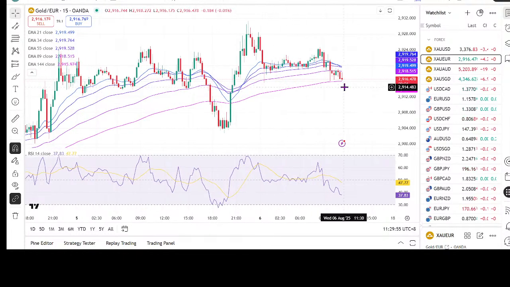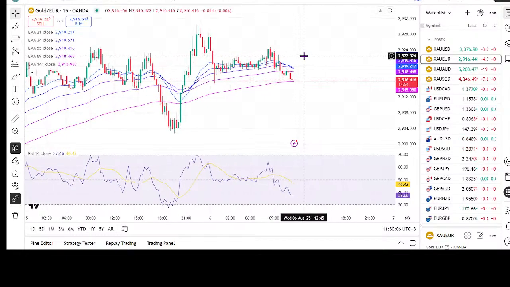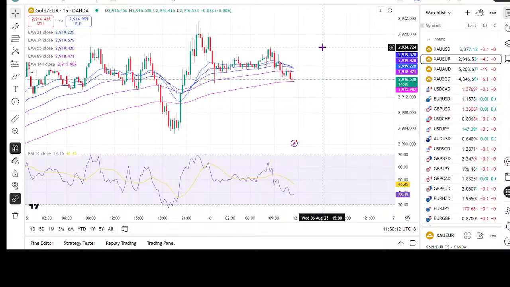So now let's sell gold euro at market, and the stop we should put, or we try to sell at 19 half and 25 half as the stop.